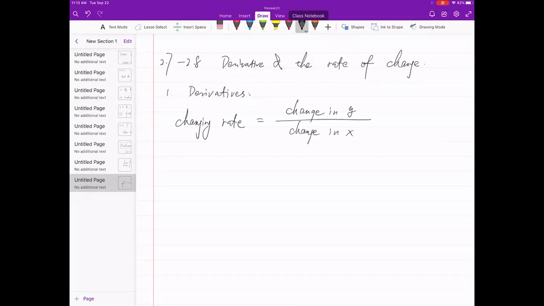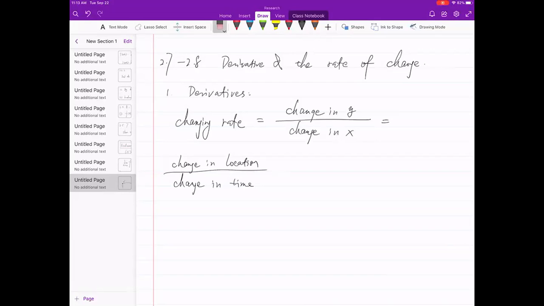An example you can think about is the change in location and then the change in time. That gives us the changing rate of the location with respect to time. This is just a more general form of saying it. Then we calculate this changing rate.